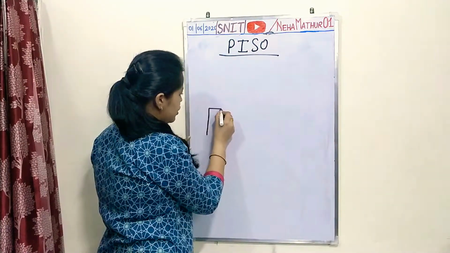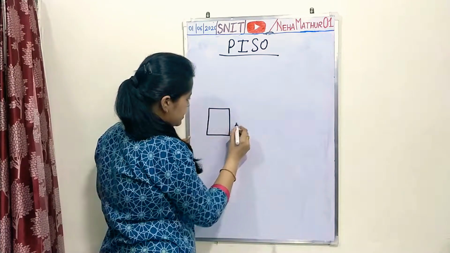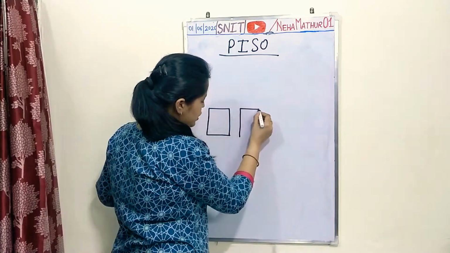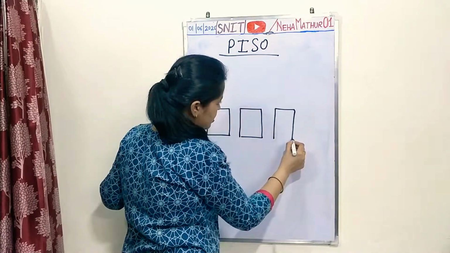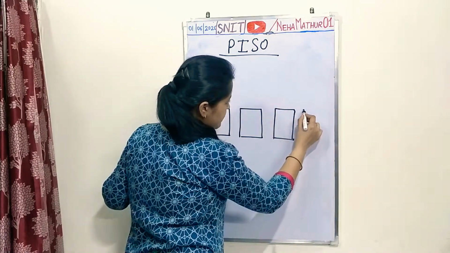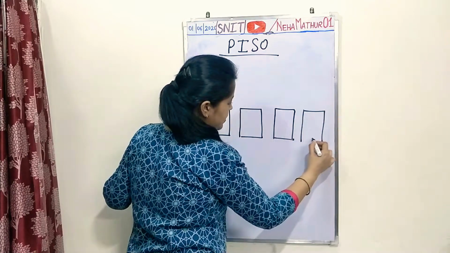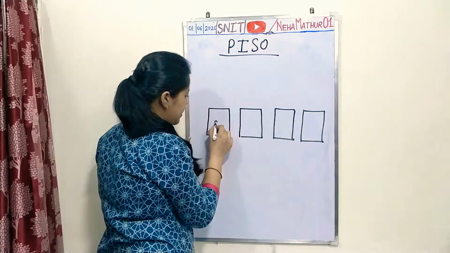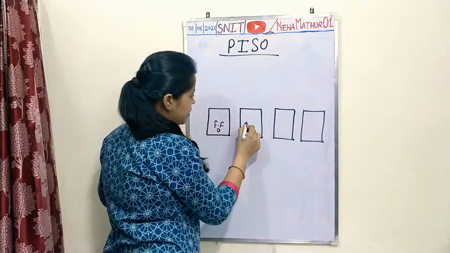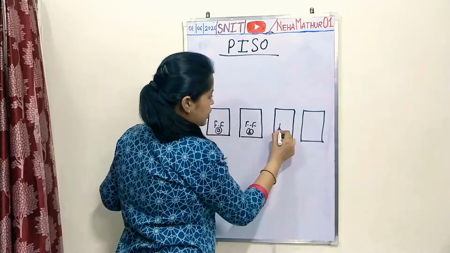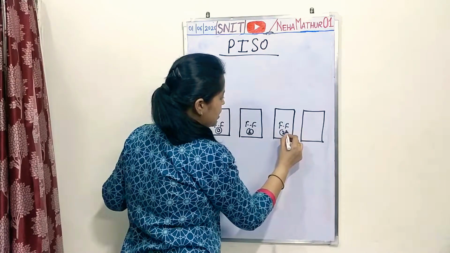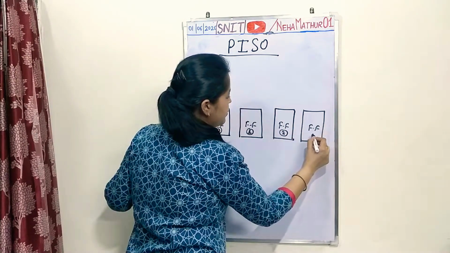Now come to its designing. It is a combination of 4 D flip-flops. So initially I am going to mention 4 flip-flops, and what about their names? Flip-flop 0, flip-flop 1, flip-flop 2 and flip-flop 3.